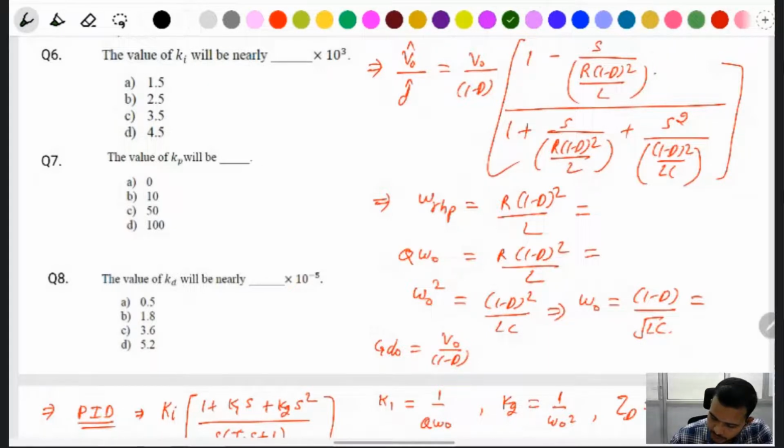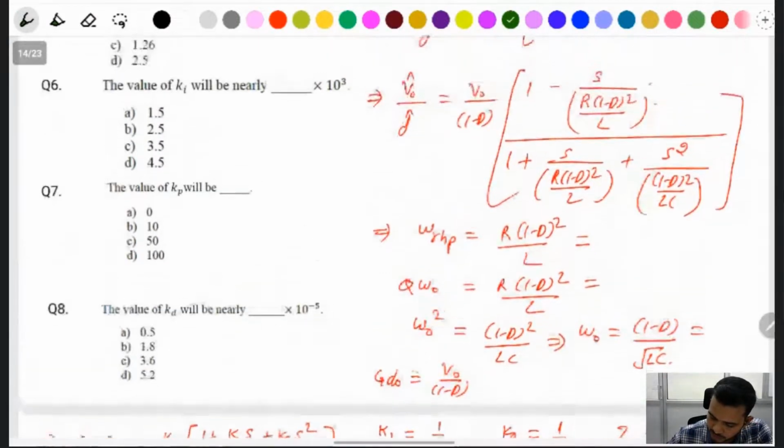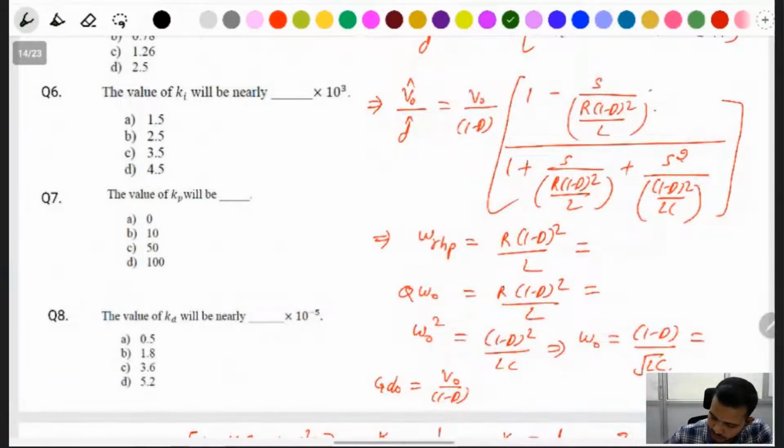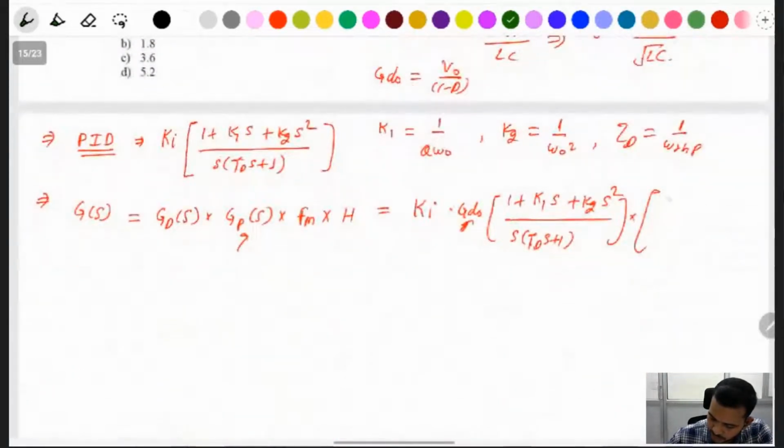This one, 1 by omega RHP, can also be written like this: tau d is 1 by RHP, then 1 minus tau d into S.